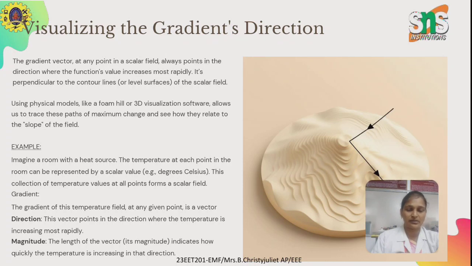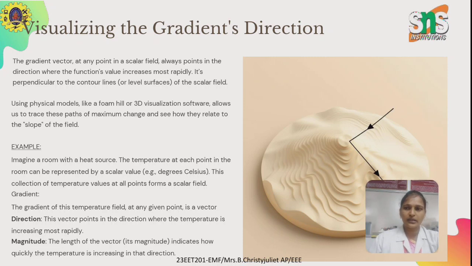Okay. Another example we can discuss: if we are in a room with some heat source, the temperature at one particular location will be different from the temperature at another place. For example, if you are in a colder climate, we will have some heating places.